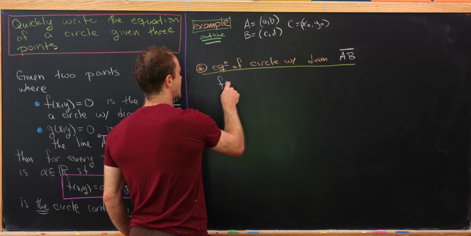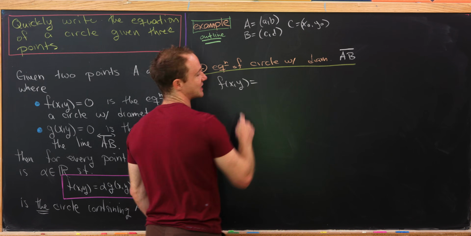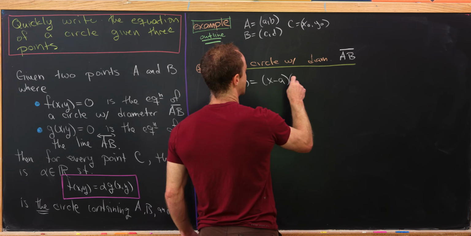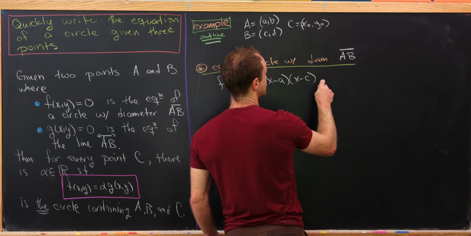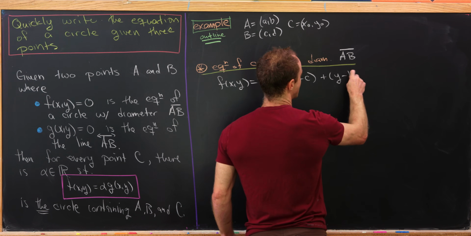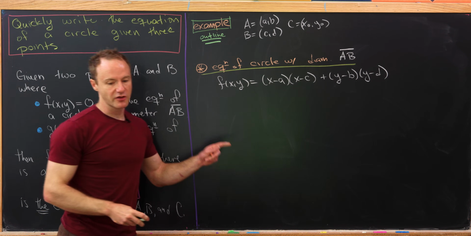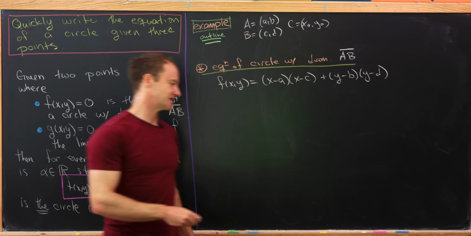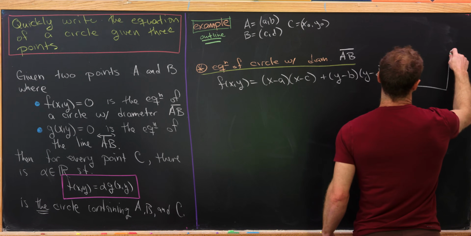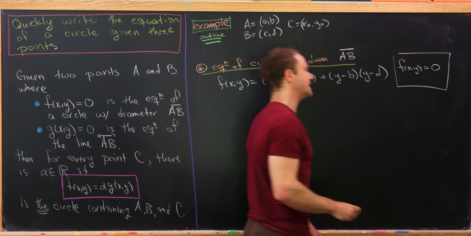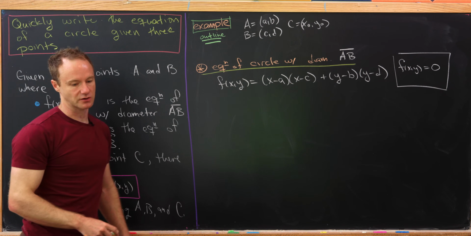And so I'm going to claim that that's given by the function f of xy equals x minus a times x minus c plus y minus b times y minus d. So in other words, the equation is that equals 0. That's the function that we need. So that means f of xy equals 0 is the equation of this circle.